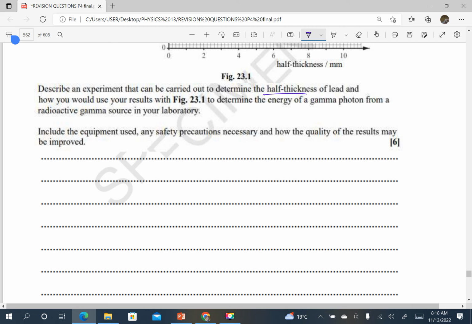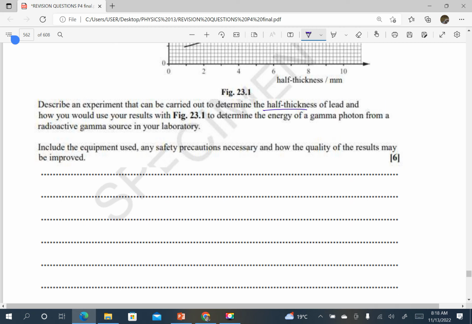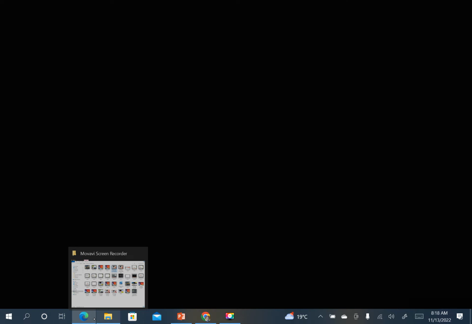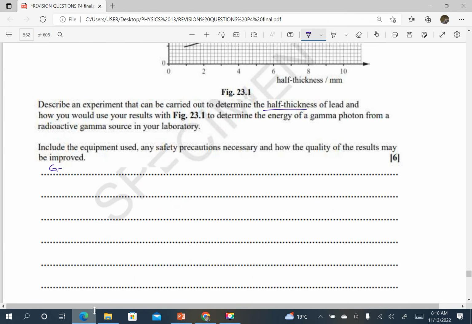So we may need some of the following apparatus. We may need a GM tube, that is a Geiger-Muller tube.